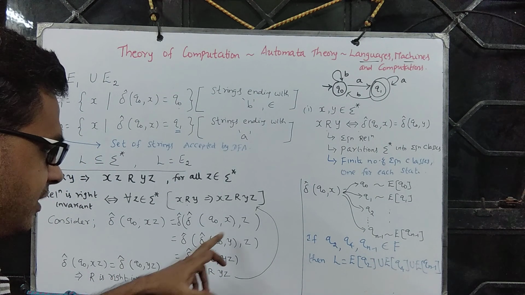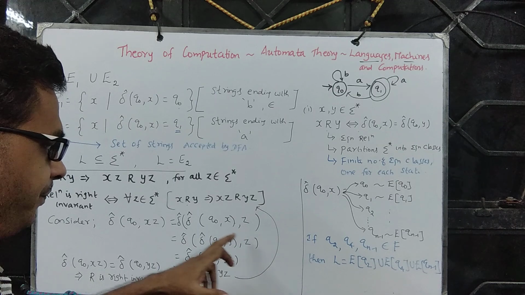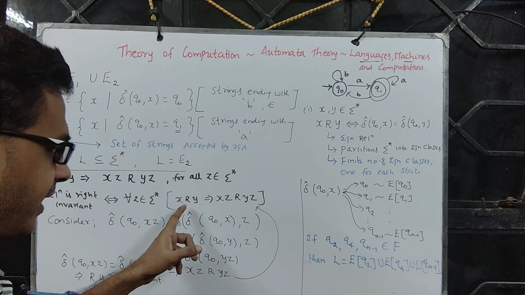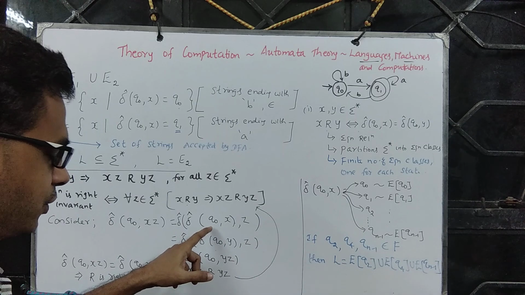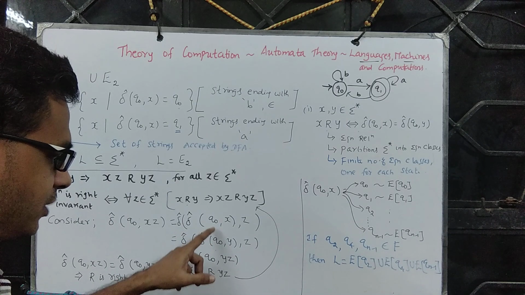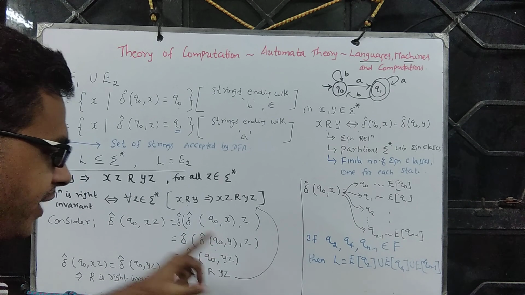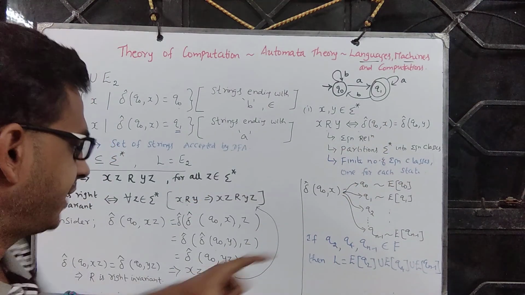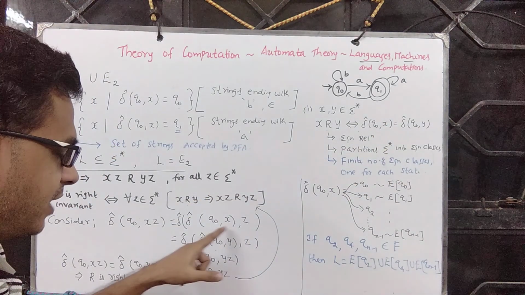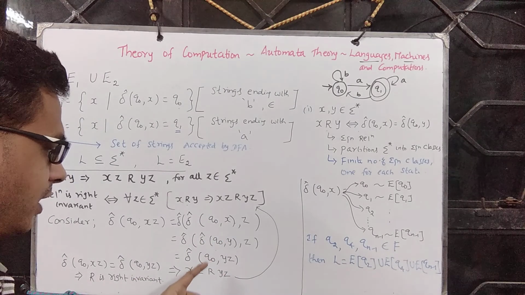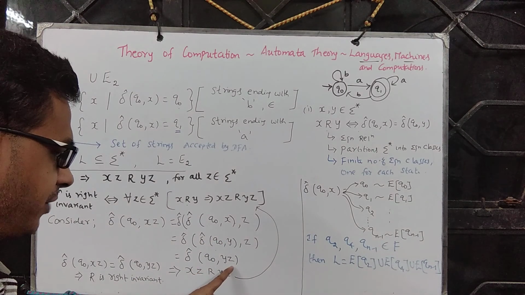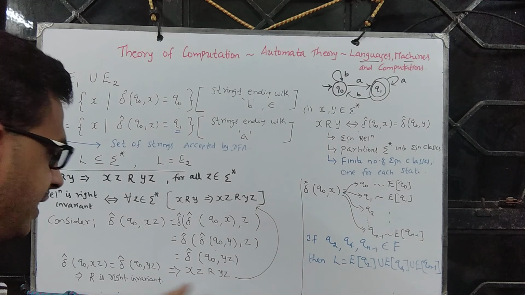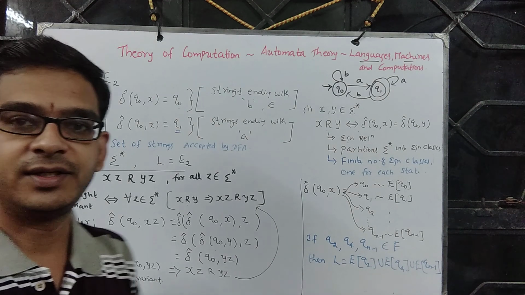This can be rewritten as q naught comma x comma z, and given the fact that x is related to y, we rewrite this as q naught comma y, because when x is related to y, by definition q naught comma x is q naught comma y, which can be rewritten as q naught comma yz. Therefore we conclude xz is related to yz, which means R is right invariant.